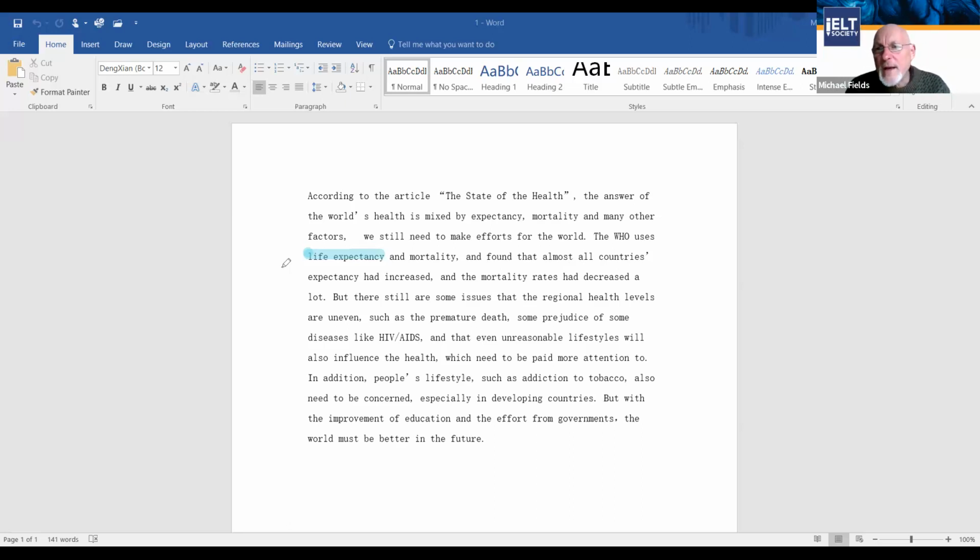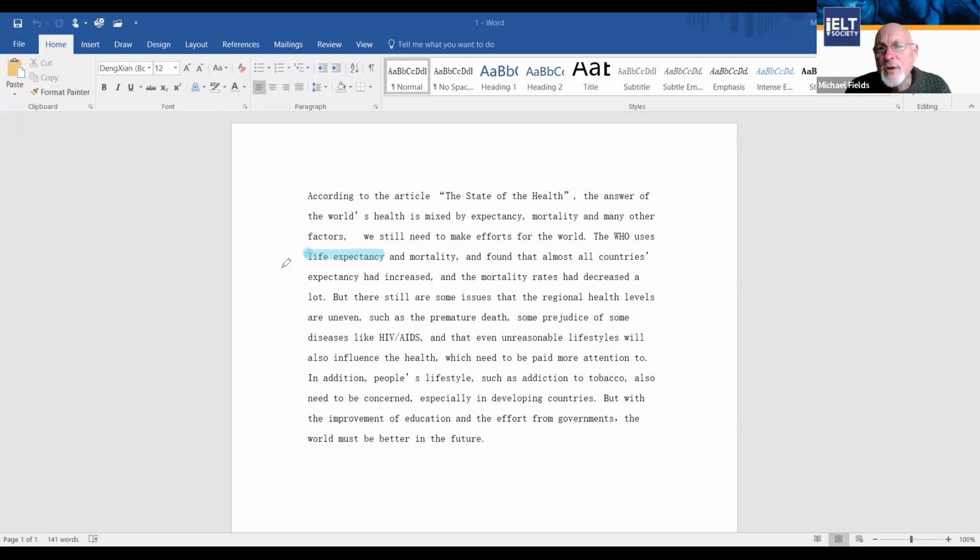I want to go back to something that Betty talked about, the vocabulary and how a lot of this vocabulary was pulled from the reading. This is a summary, but that doesn't mean that this writer copied from the text. This is original language. Obviously, this is not copied because we can see by all the errors, right?